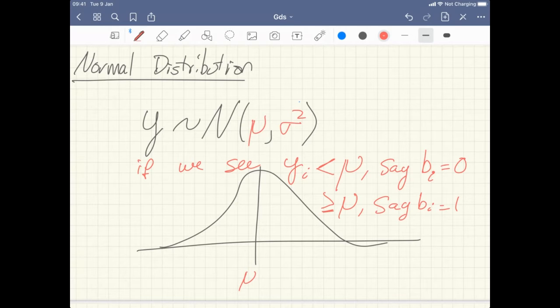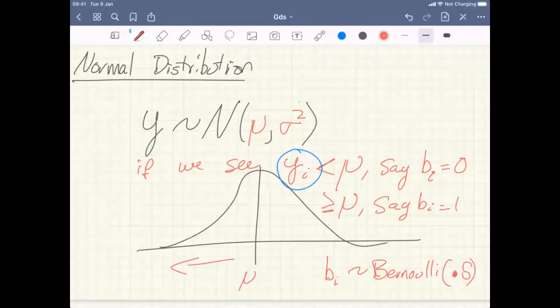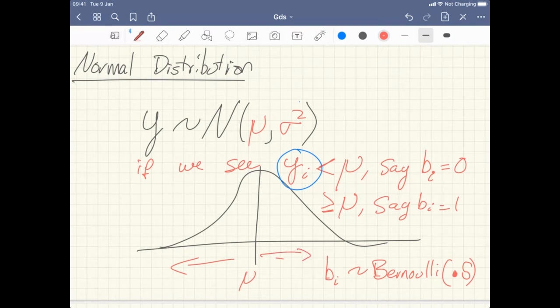So you can connect distributions in interesting ways. If we simulate y as a function of mu, and we say that our binary outcome is 0 when y is below mu, but is 1 when y is greater than mu, then this is the same as saying B is distributed Bernoulli with a p of 0.5, because half the distribution lies that way and half the distribution lies that way.